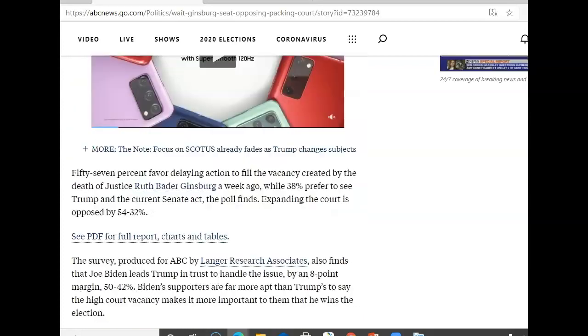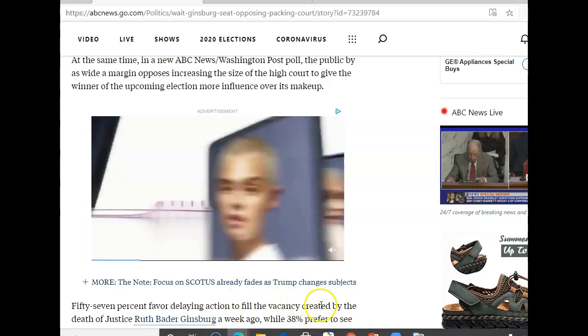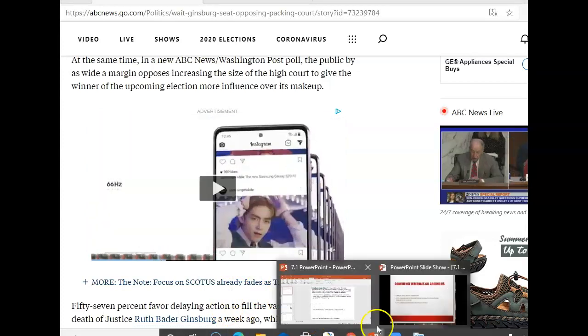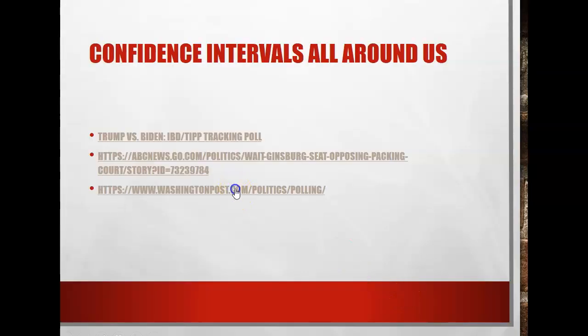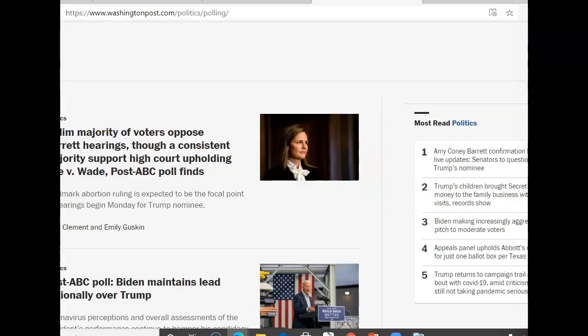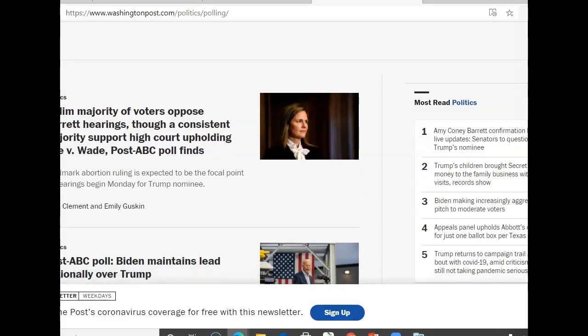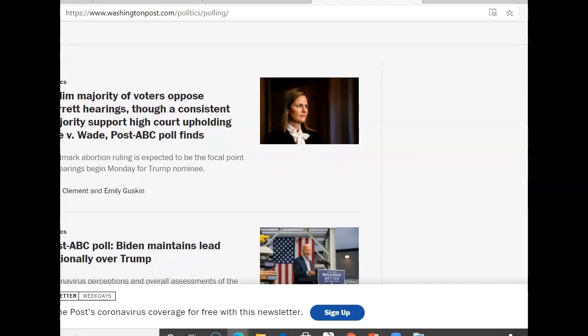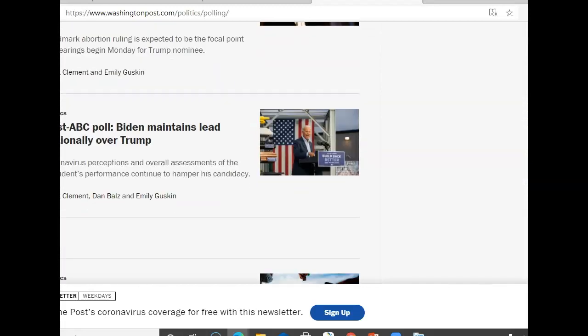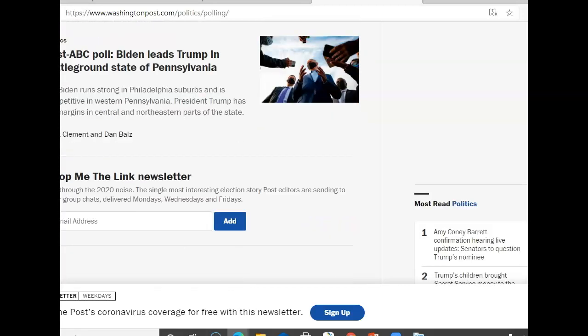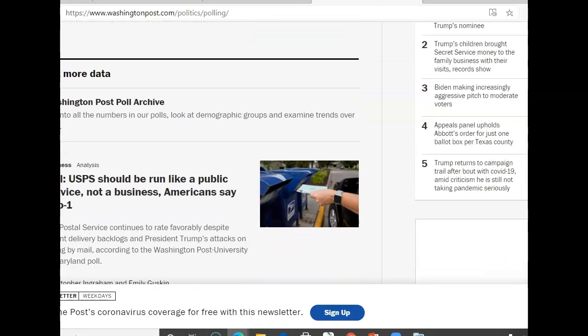So these are just again some quick examples of different polls that are around us. The last one here has some other social issues. Okay, so this one again is talking about the seats on the Supreme Court, Biden with his lead over Trump, and then lots of other different issues.